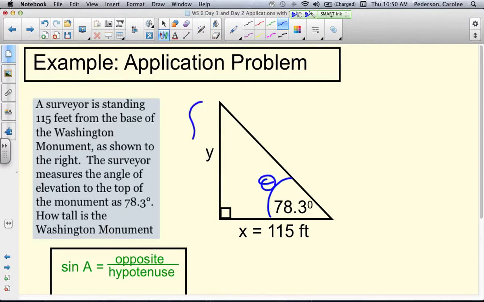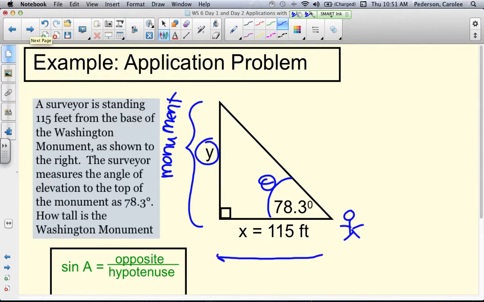This, if you can imagine, is your monument, and its height is unknown, so I just have that letter be y. And then this is the distance from where you are, the person, or surveyor, to the Washington Monument. This is the base distance. And they say that the person is 115 feet away from the Washington Monument.